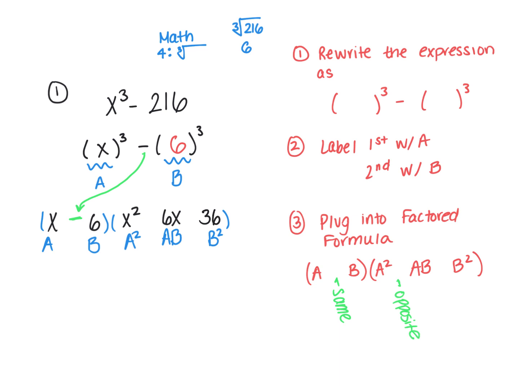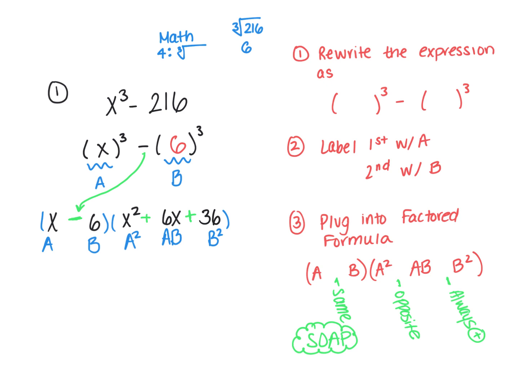So opposite of the minus is going to be a plus. And then this last sign in here is always positive. So the plus is going to go there. So that's where we get SOAP from. Same, opposite, always positive. That helps us with the signs.